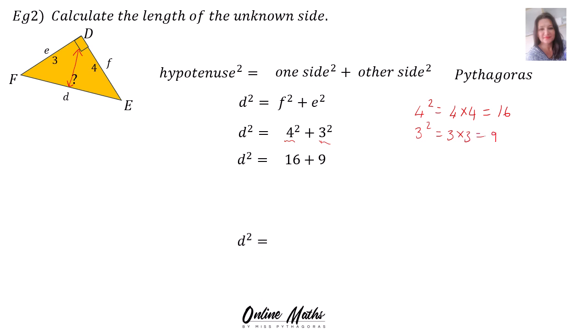Then d squared equals 16 plus 9, which is 25. And then when you want to get rid of the square, you take the square root of both sides, and then you end with only d. d is equal to 5.